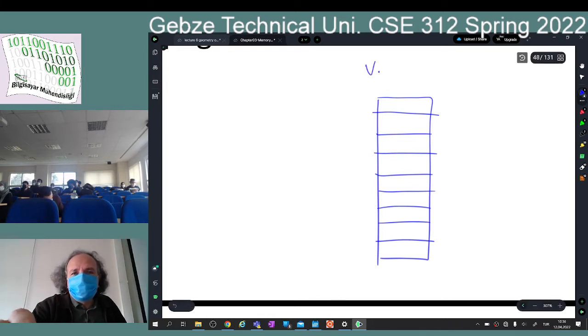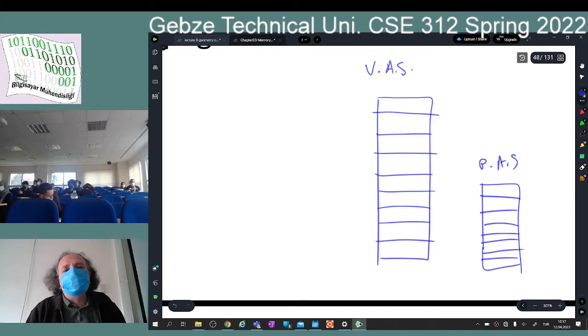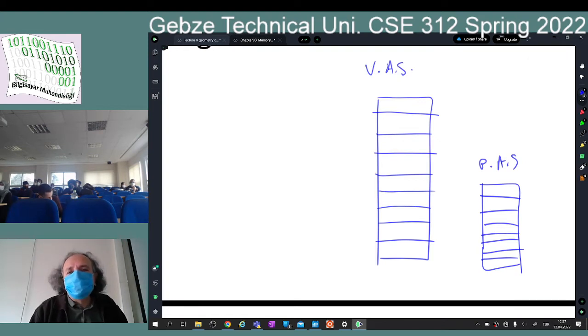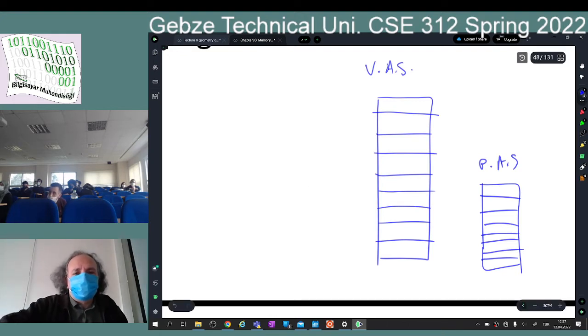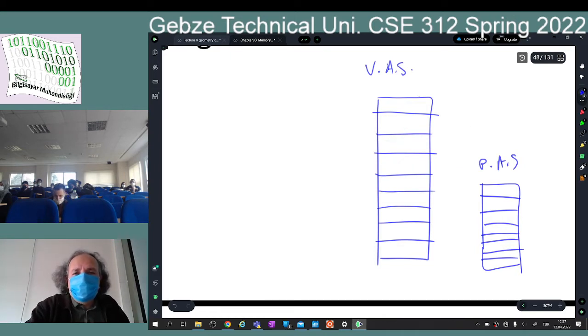This is my physical address space, and this is again divided into pages. And with the virtual address space, I have the page table, of course.